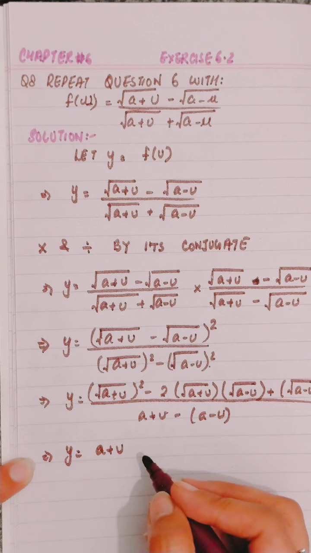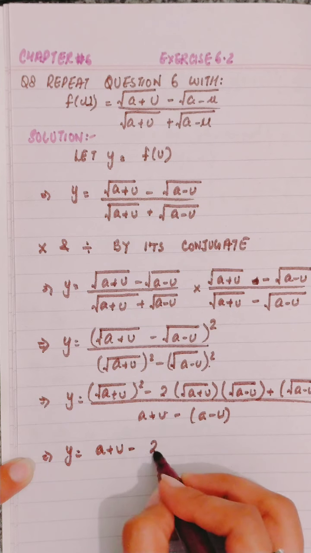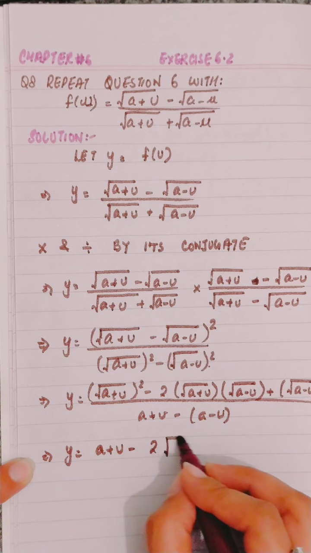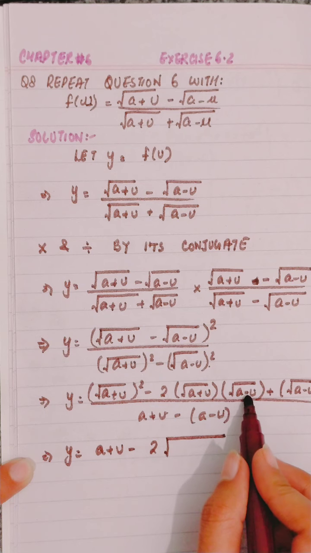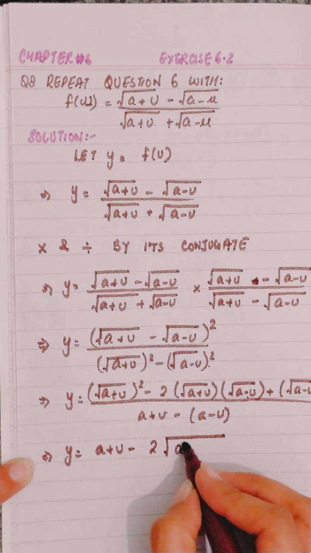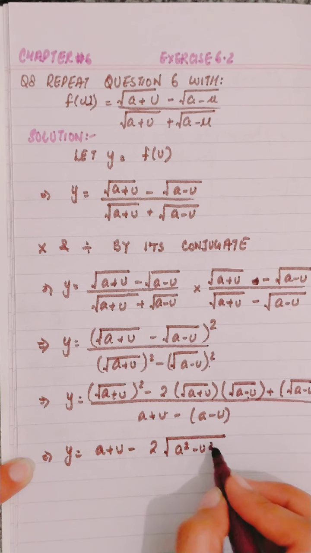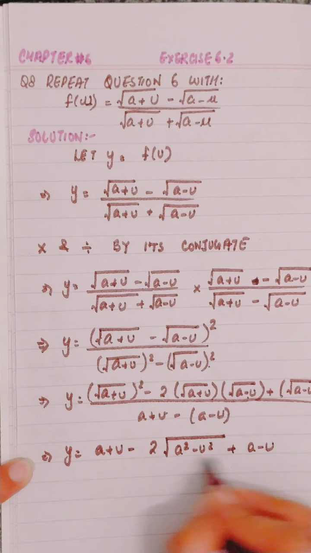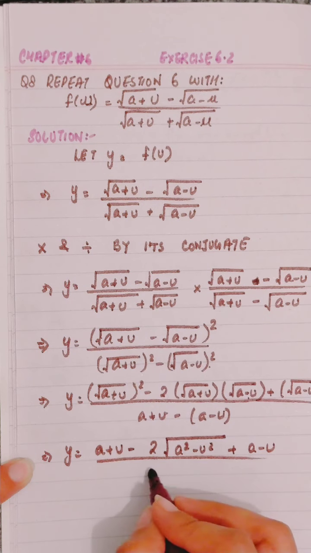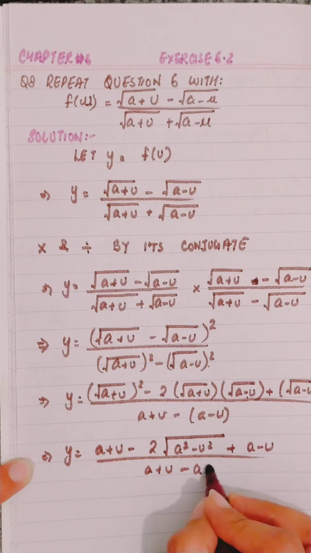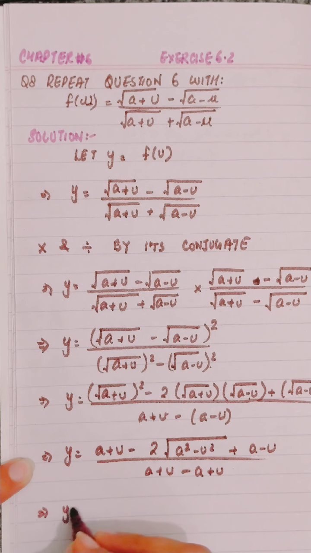So y equals a plus u minus 2 times, this is a plus u and this is a minus u, so it will be a square minus u square, plus a minus u, divided by a plus u minus a plus u.